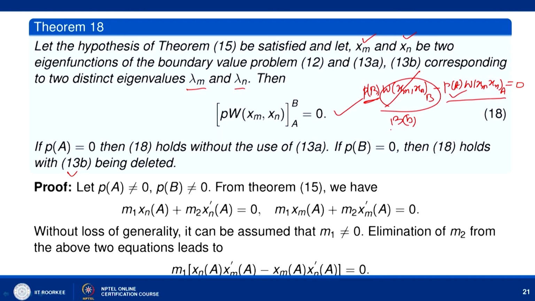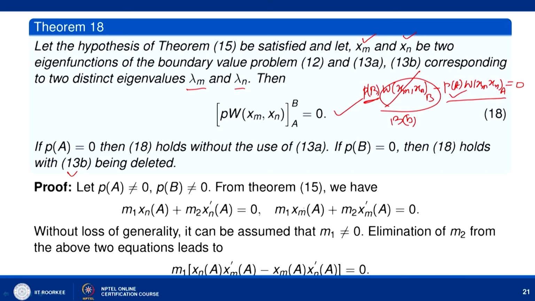So from this theorem, since xn and xm are both solutions of this, they must satisfy the boundary condition, that is m1 xn(a) plus m2 xn'(a) equal to 0, and similarly xm will also satisfy the boundary condition, that is m1 xm(a) plus m2 xm'(a) equal to 0. So here let us assume that m1 is not equal to 0, because if m1 is equal to 0, then this is quite easy.